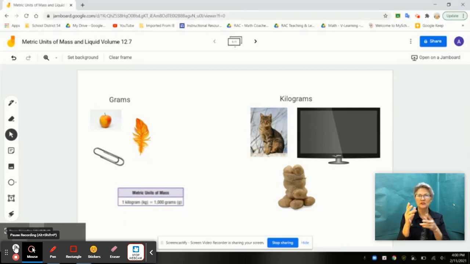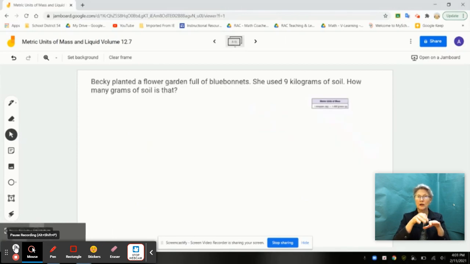Becky planted a flower garden full of bluebonnets. She used 9 kilograms of soil. How many grams of soil is that? Before we get started, let's think about, are kilograms heavier or lighter than grams? Raise your hand if you think they're lighter. Raise your hand if you think they're heavier. Yeah, my hand is up for heavier.